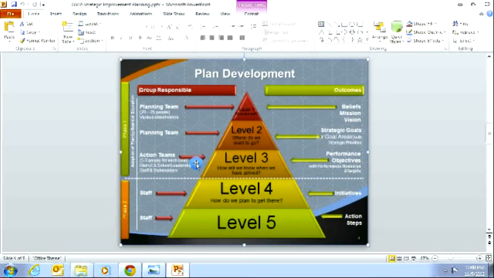The action teams look at each strategic goal or goal area identified by the planning team and identify performance objectives, measures, and targets. Each goal may be assigned to a different action team, or a district may have one large action team. The work of the action team is then presented back to the planning team for review and approval.